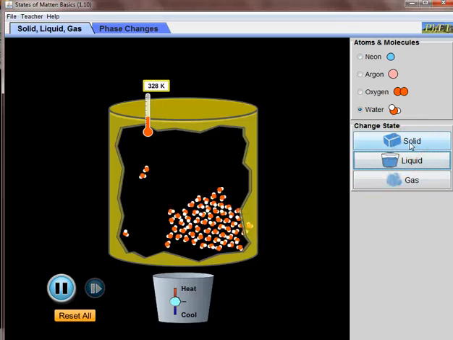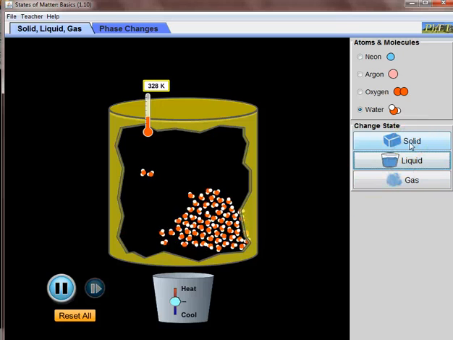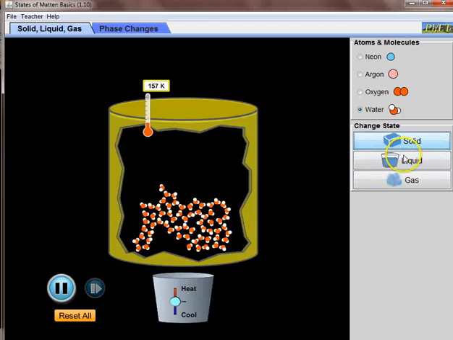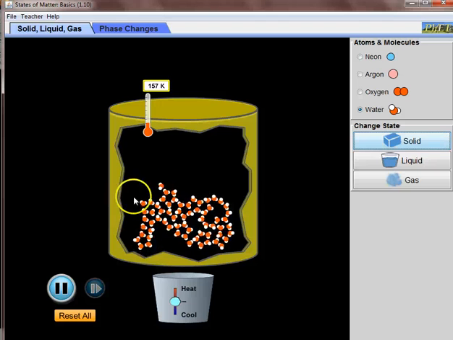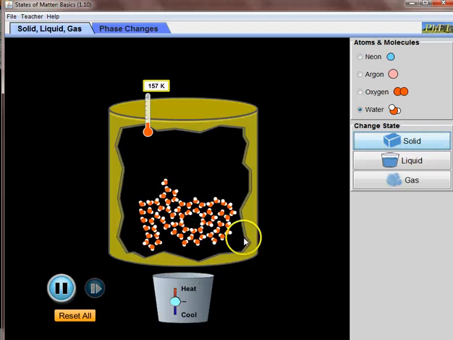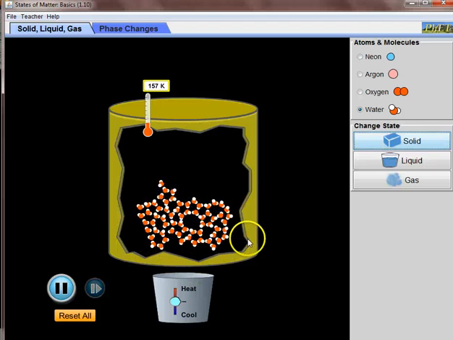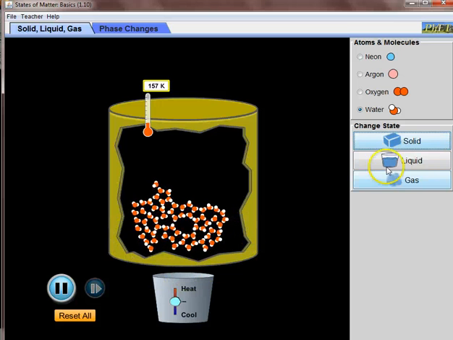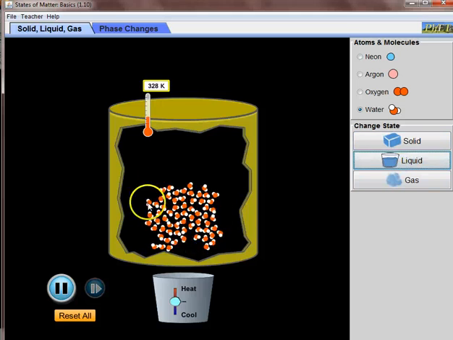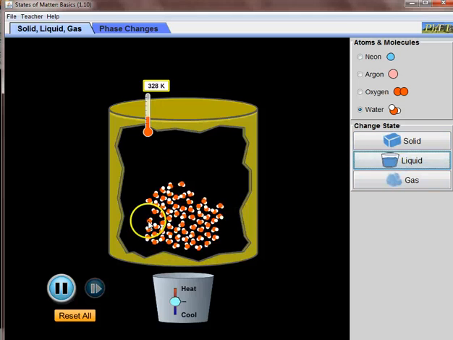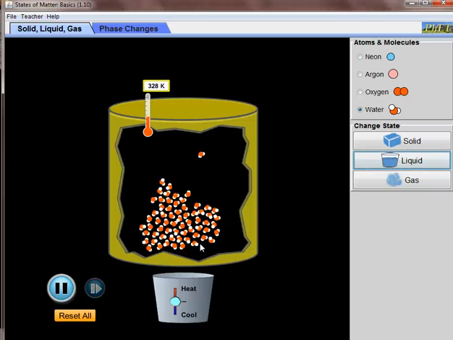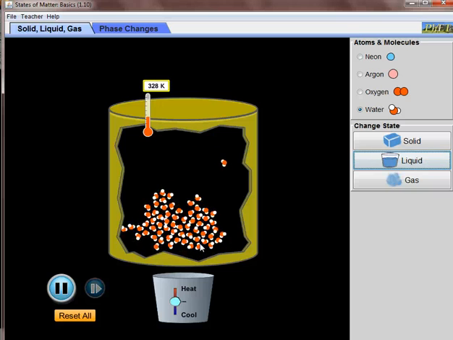Here again, let me go back to the solid and then to liquid. In the solid, try to imagine the level at which it is filling the flask. This is a rough estimate. So this is the area it occupies, and this is the area it occupies in liquid state. To me it looks like the volume decreased.